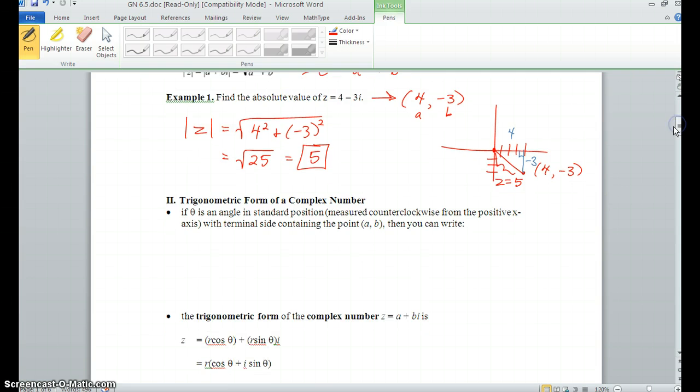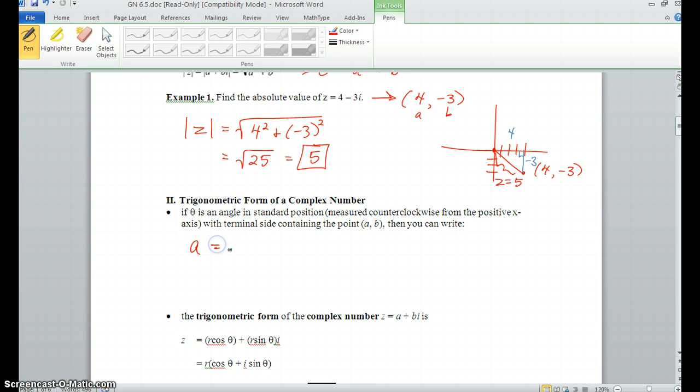Okay, moving on. Trigonometric form of a complex number. If theta is an angle in standard position, measured counterclockwise from the positive x-axis, with terminal side containing the point a comma b, then you can write the following.